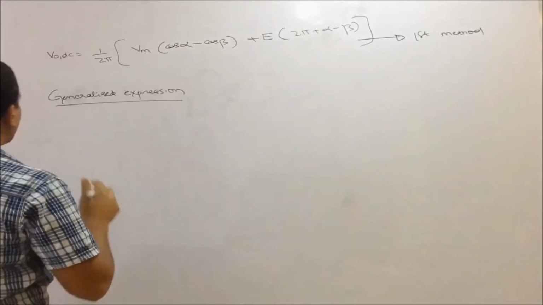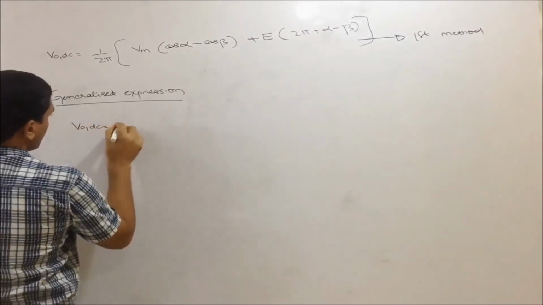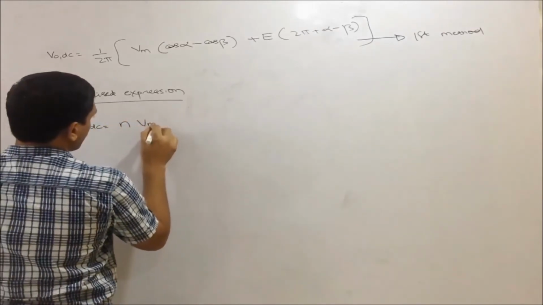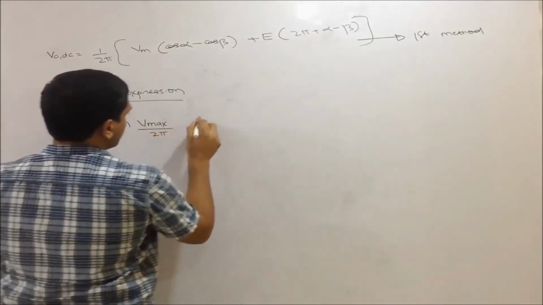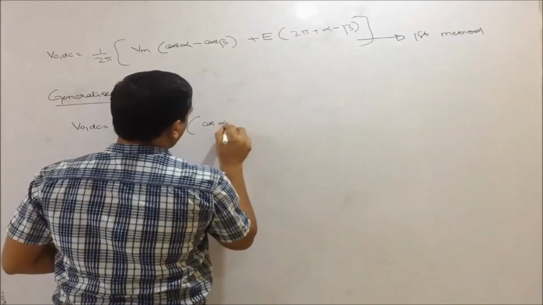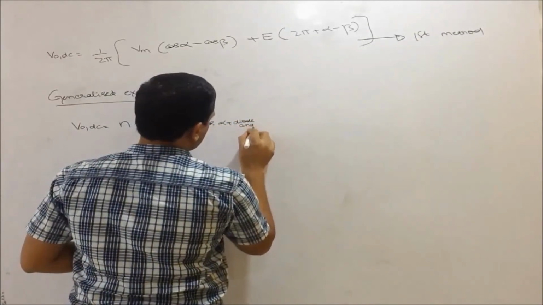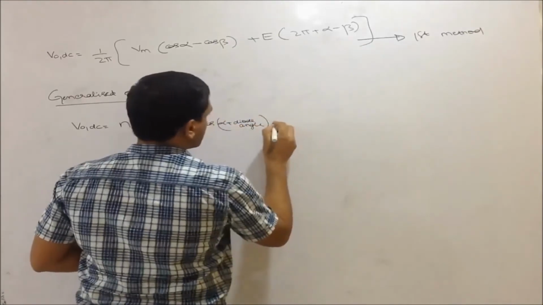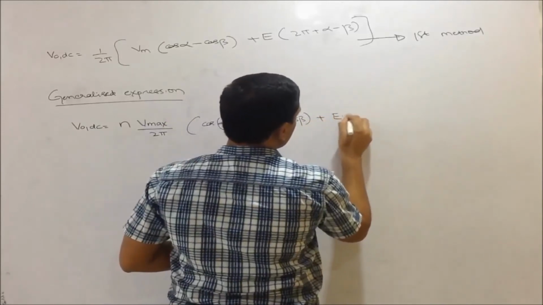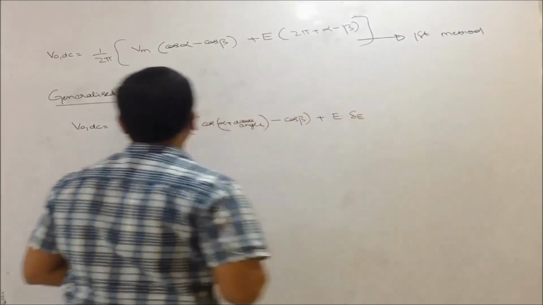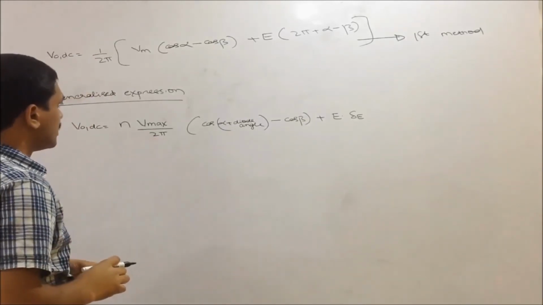Generalized expression. What is my generalized expression? That is V0 DC equals N into the maximum voltage Vm by 2 pi into (cos of alpha plus diode angle, minus cos beta), plus E into delta A. So this is the expression.